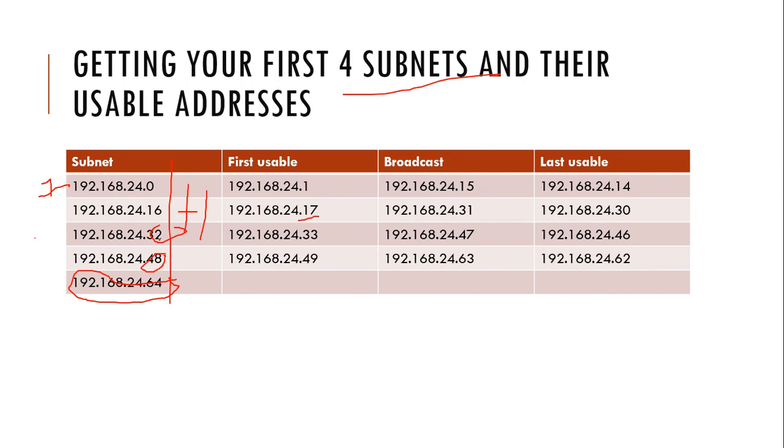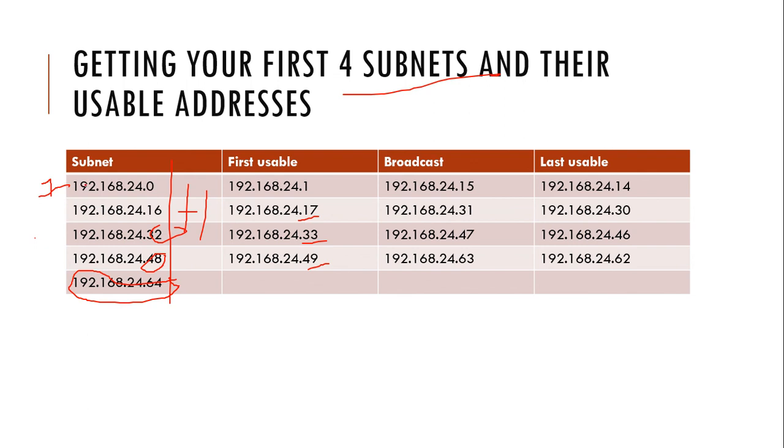We had a 32 here, it's a 33. We had a 48 here, 49. So it's easy to get your first usables if you get all your subnets right using your increment. Then in order to get a broadcast, you take the next network, then on the last octet you subtract 1.